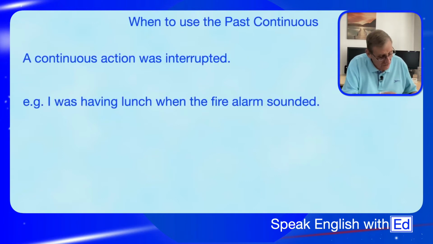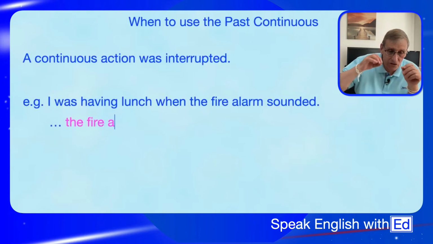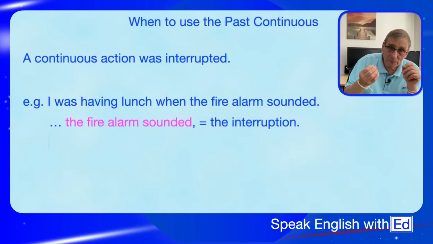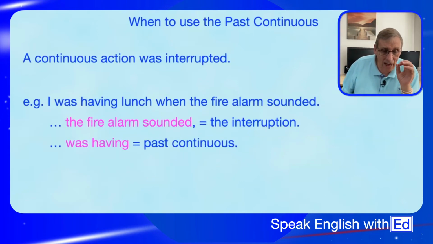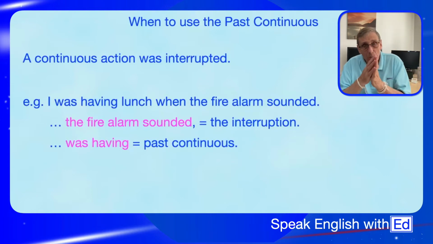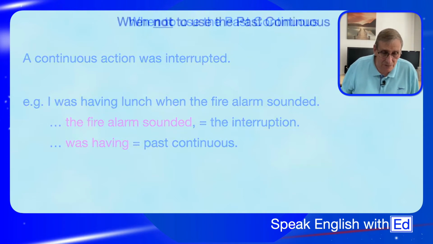You start, you finish, and it takes you a period of time. When the fire alarm sounded, that's the interruption. And having lunch is the past continuous tense for this sentence.